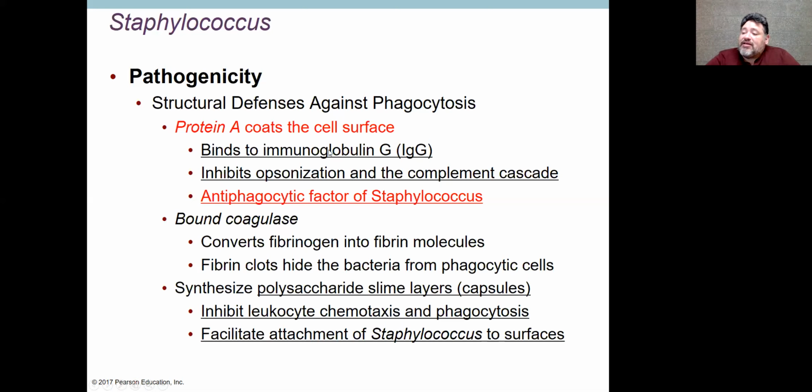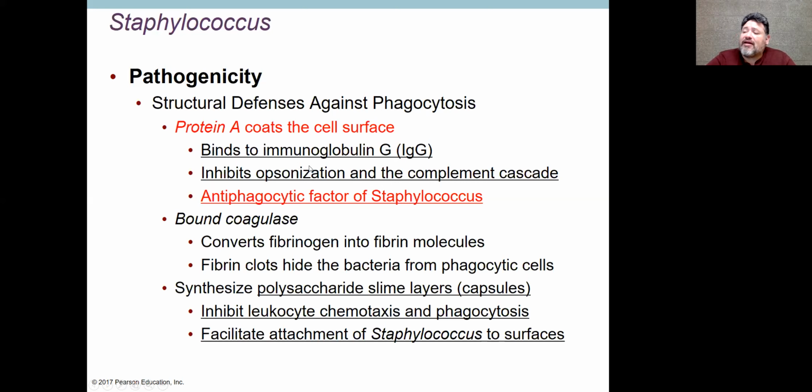So this protein binds in particular to immunoglobulin G. Do we care? We care because immunoglobulin G is the workhorse of the humoral adaptive immune system. Okay, it is the immunoglobulin that's produced in greatest amounts for the longest time, with the widest range of effects on pathogens. So if we're rendering immunoglobulin G useless, that is a sincere problem.